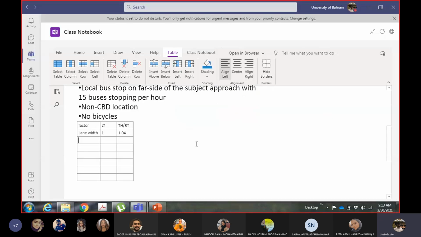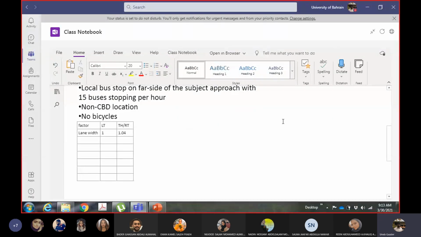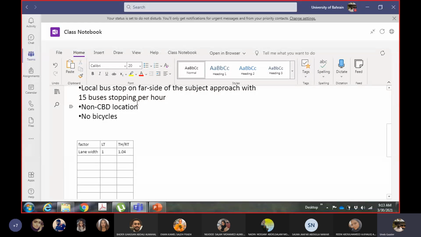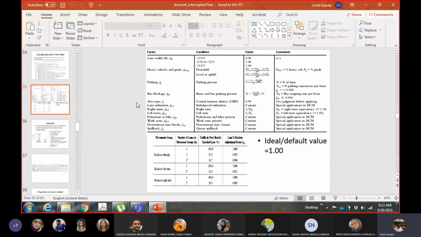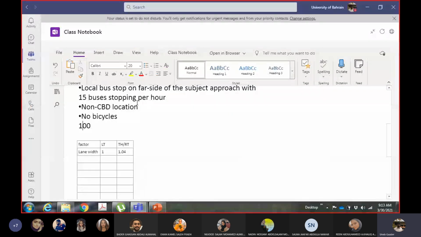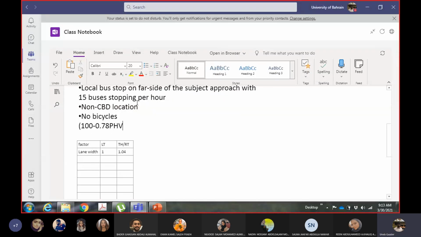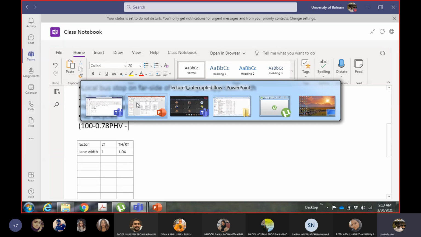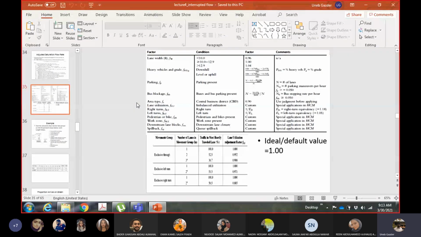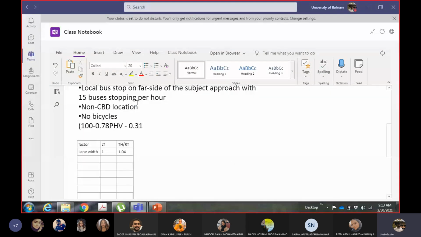The equation is 100 minus 0.78 into percentage of heavy vehicles minus 0.31 into the gradient.